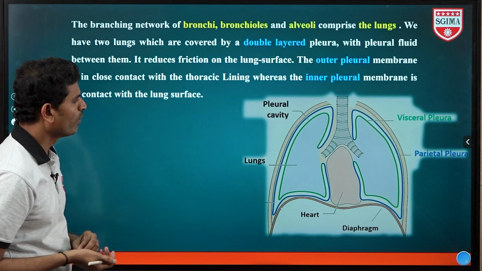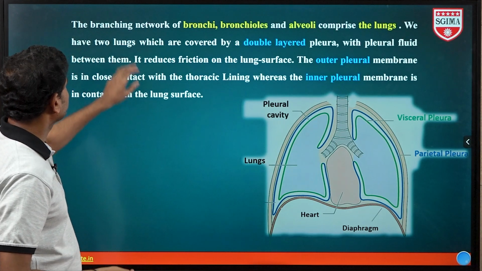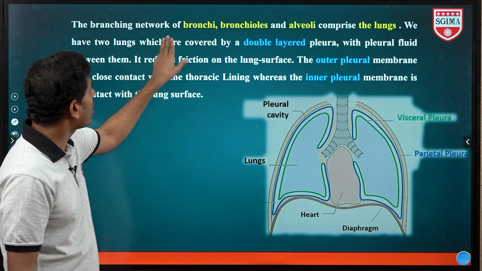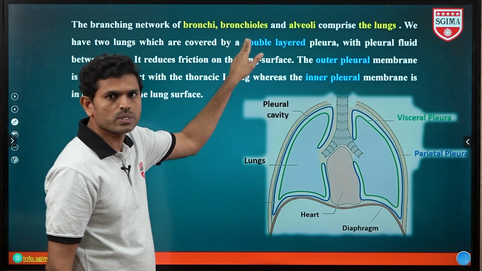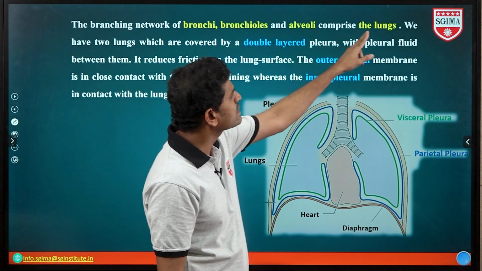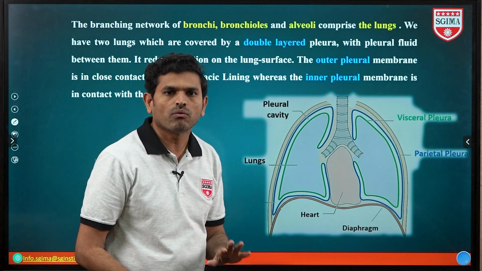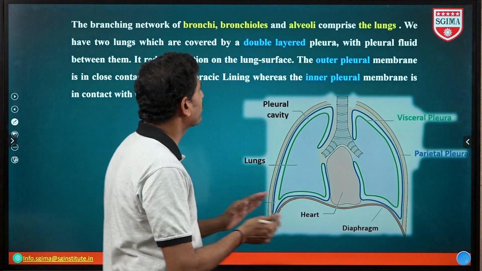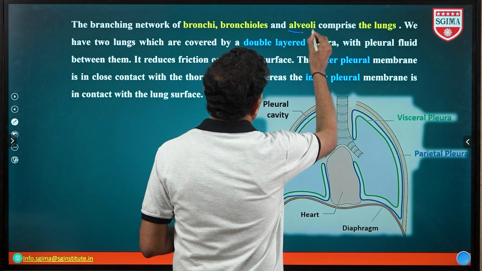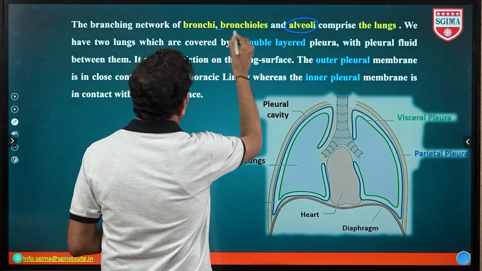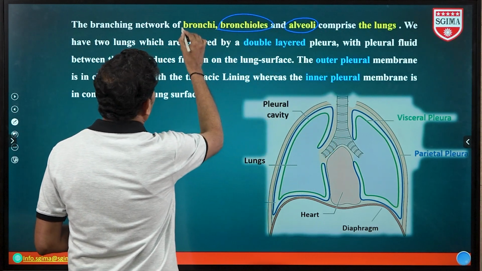Let us see what is given here. The branching network of bronchioles and alveoli comprises the lungs. So what do the lungs comprise? The lungs comprise the alveoli, bronchioles and bronchi.